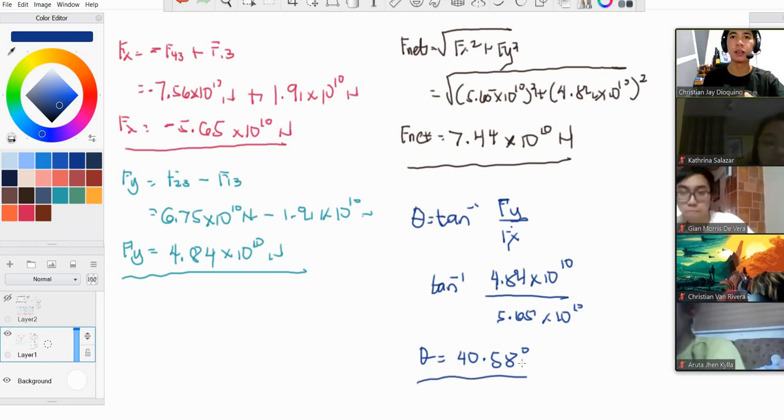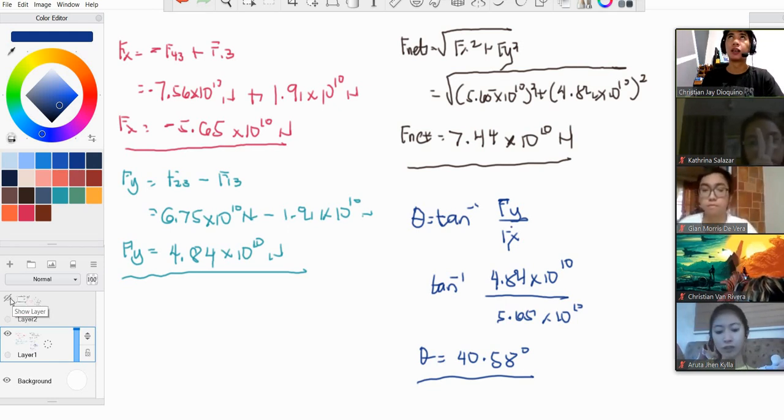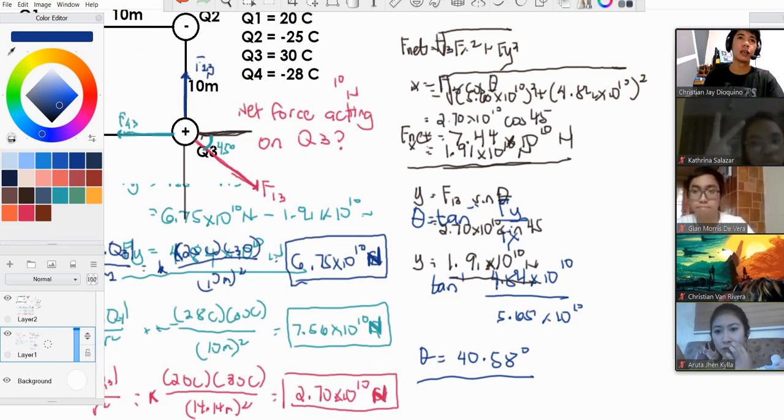Okay. Good. If we plot that, since our x is negative and our y is positive, which quadrant is it? Quadrant 2.